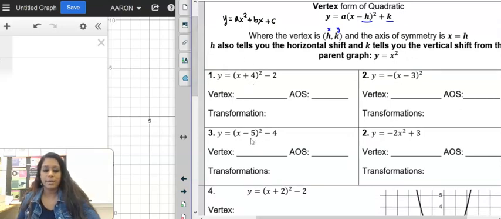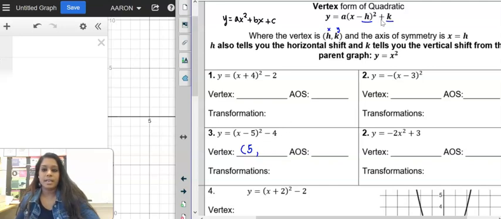Actually, I'm going to start with number 3 here, because even though it's saying -5, look at the form. The form is already negative. So whichever number is here, that is going to be the h. It's actually going to be +5. The h is +5, and then my y here is -4.